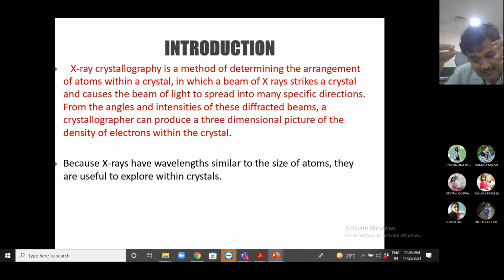So if a calcium atom is located here, this region will be more electron dense than a hydrogen, correct? Because in calcium we have how many electrons surrounding it? What is the atomic number of calcium? 40, I guess?